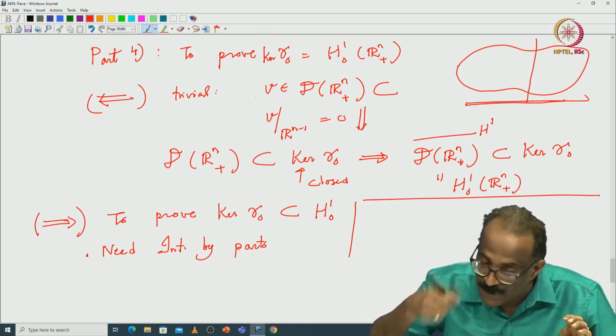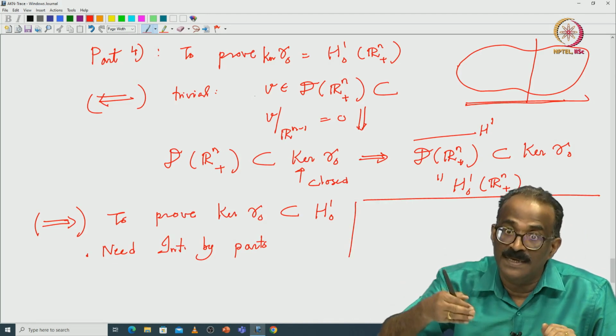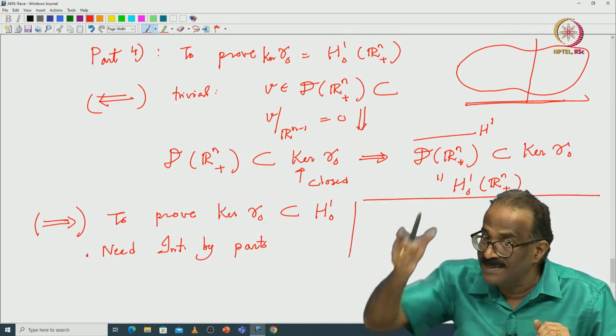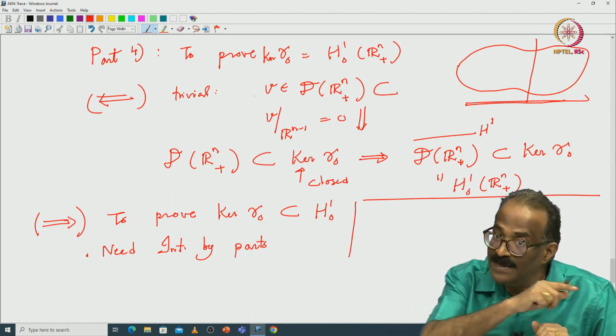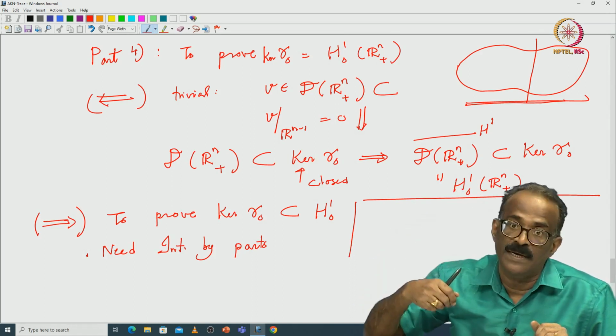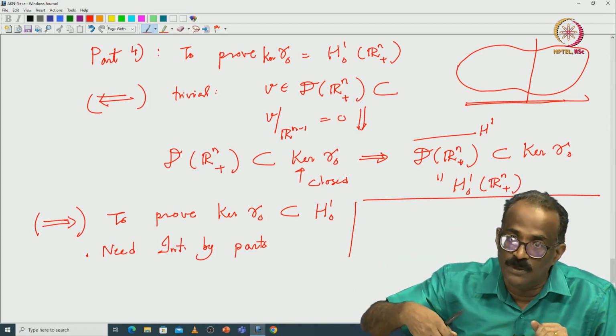Let me write down the integration by parts formula in this particular case. You can move the derivative to the other function, and a trace term will come. But in this case, the trace is only on x_n equal to 0, so only the nth directional trace is there; the other things you do not need.